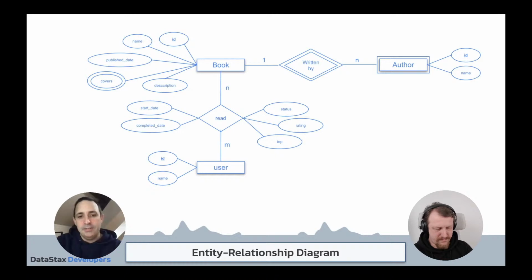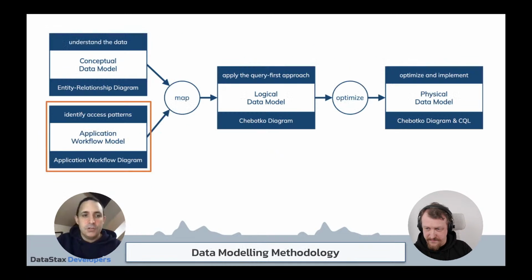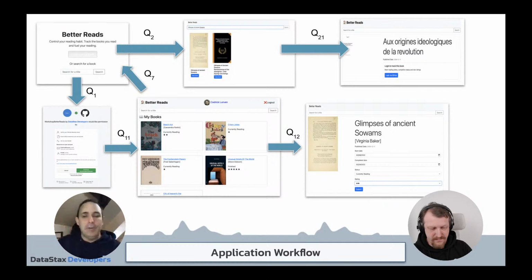Even if I don't like the relational entity relation diagram, that is the conceptual data model. Second, we need the application workflow. Well, we have done most of the work already, so I put back this screen. Query 1, from the home screen, you will have to authenticate. So Q1 is authentication.